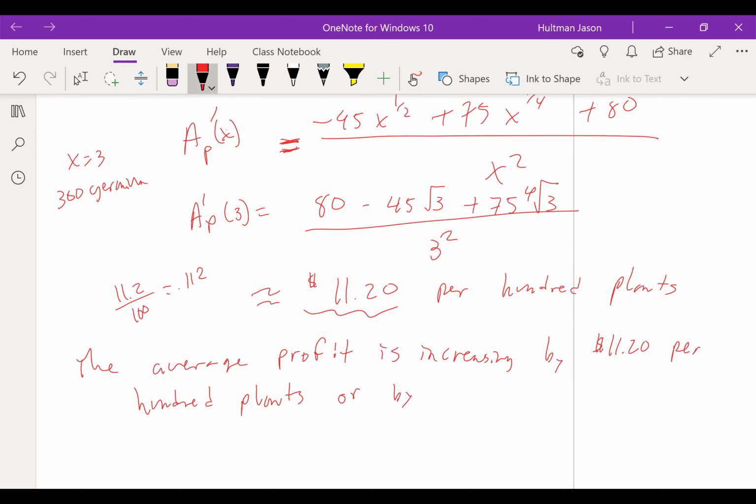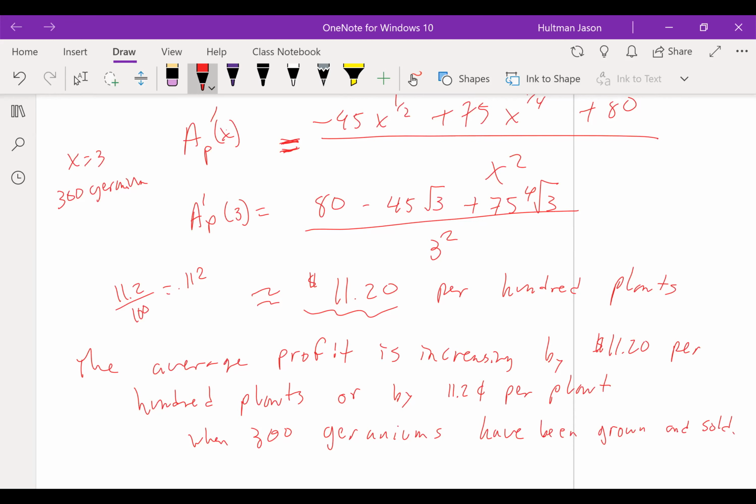I could divide it by 100, and it would be 11.2 cents per plant when 300 geraniums have been grown and sold.